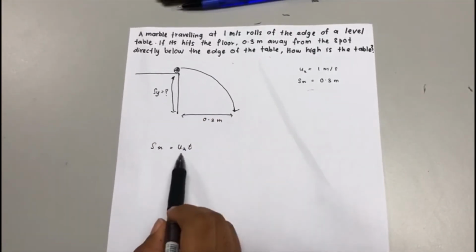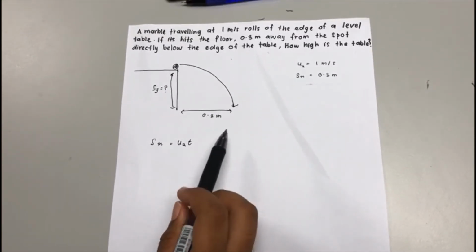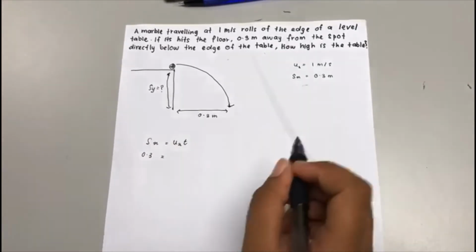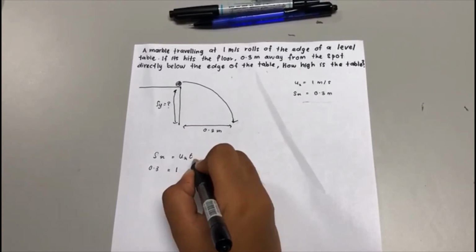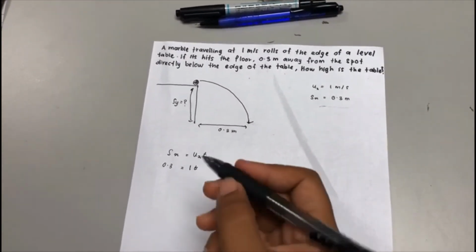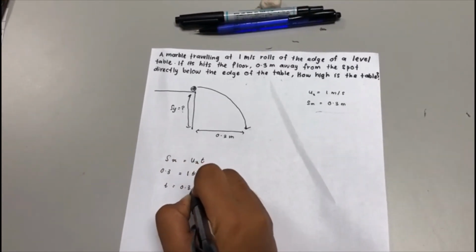S is the distance, U is the initial velocity, t is time. So the distance is 0.3 meter, equal to the initial velocity of 1 meter per second, and the time that we don't know. So when we divide, the time will equal 0.3 seconds.